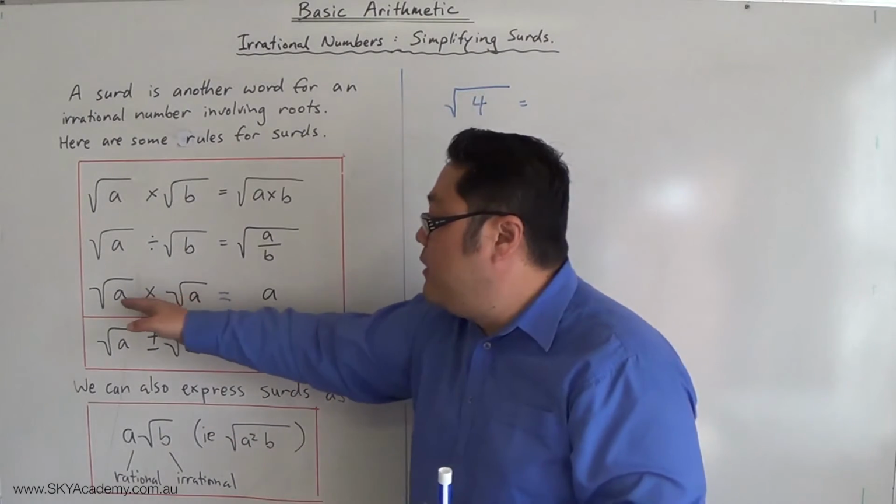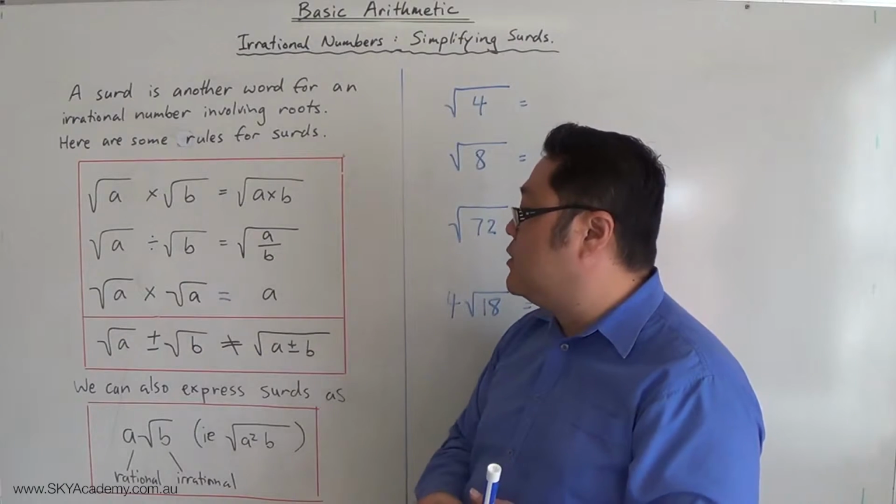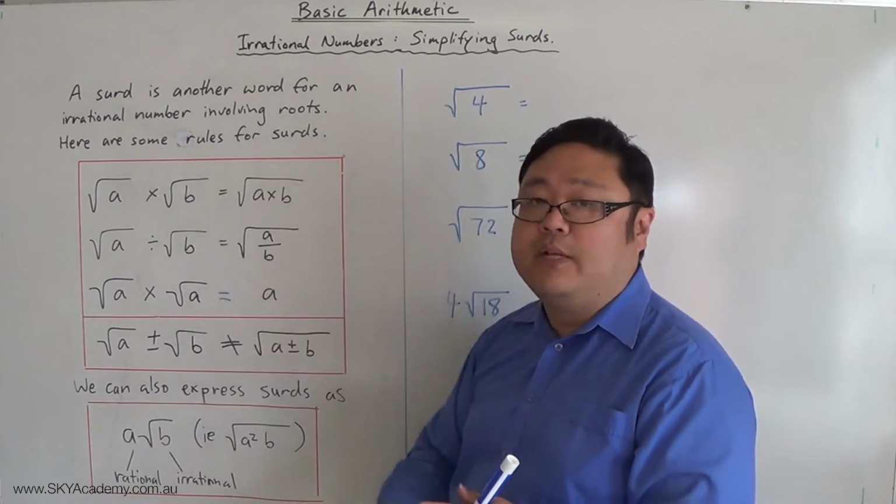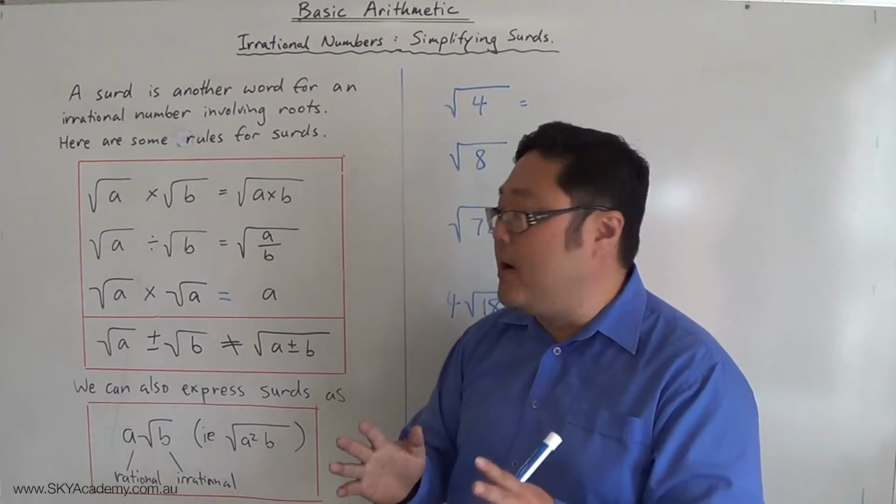So the square root of A times the square root of A is equal to A. And they're some of the general principles of surds that we're going to go by.